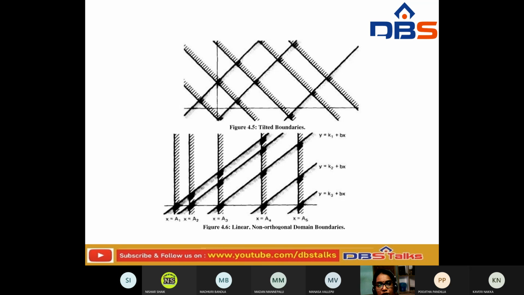So the inequalities in one boundary are perpendicular to the inequalities in the other. Okay. This one is also one boundary, and this is another boundary. So these are non-orthogonal boundaries. Why? Because one boundary is not perpendicular to the other boundary. So this is the difference between the orthogonal domain boundary and non-orthogonal domain boundary.